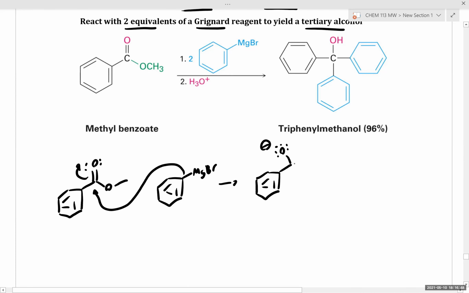From here, our tetrahedral intermediate will collapse and we'll lose our leaving group to give us an all too familiar ketone. We've in fact used this ketone in one of our earlier laboratories in this course to prepare triphenylmethanol.